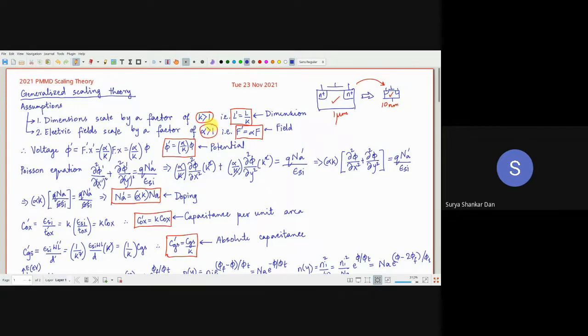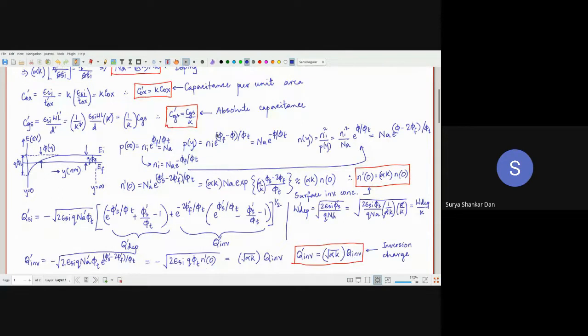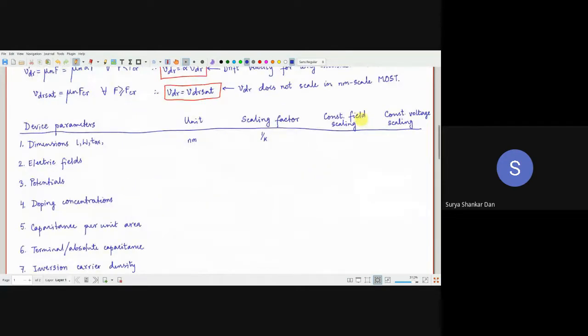Correct. Somehow, if we can maintain that the fields remain constant, then what we have to ensure for the constant field scaling is that this alpha should be equal to 1. Yes or no?